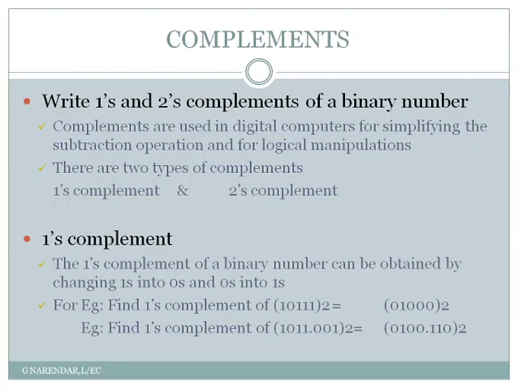To write ones complement, wherever bit 1 is present, change it to 0, and wherever 0 is present, change it to 1. The result is called ones complement of the original binary number.